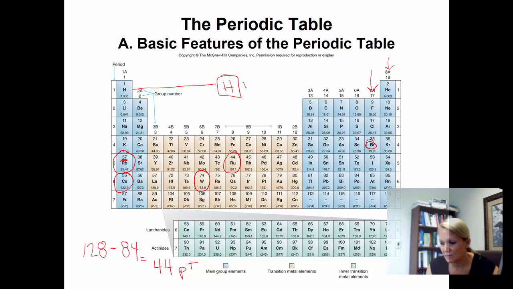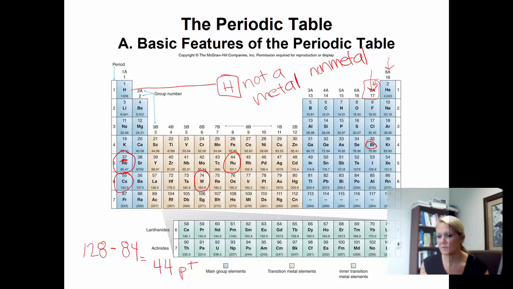Hydrogen is not a metal. It is a non-metal. Sometimes you'll see it in a periodic table placed right here, but that's not a good place either because it has one proton. It's the first one, so it has a hard time. Sometimes you see it in the middle, but it is not a metal.